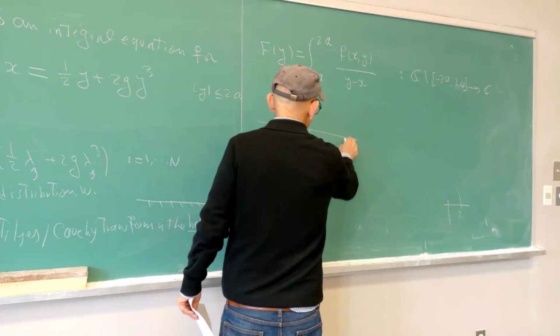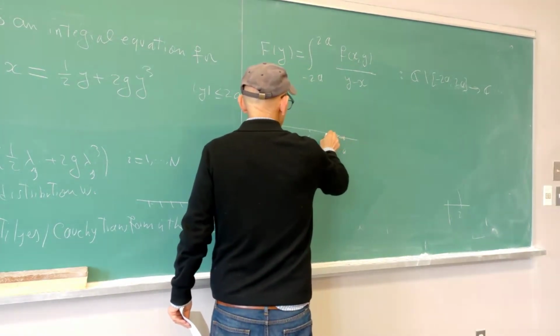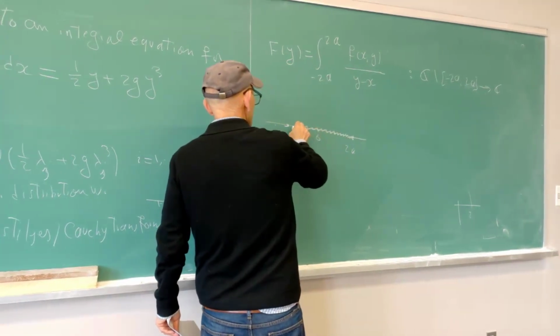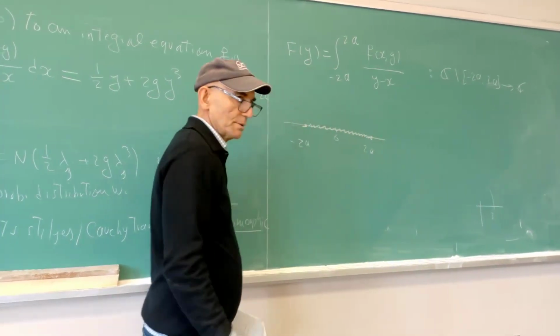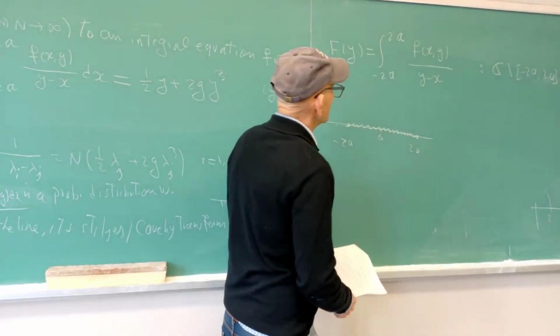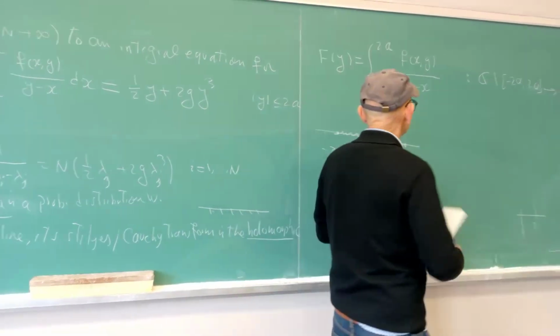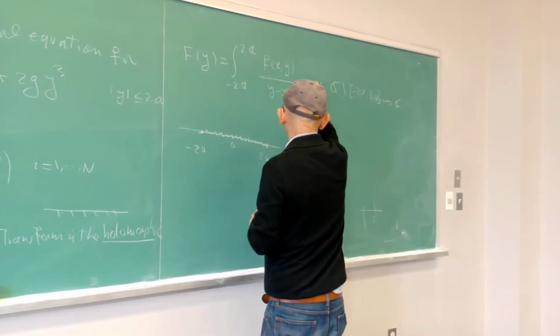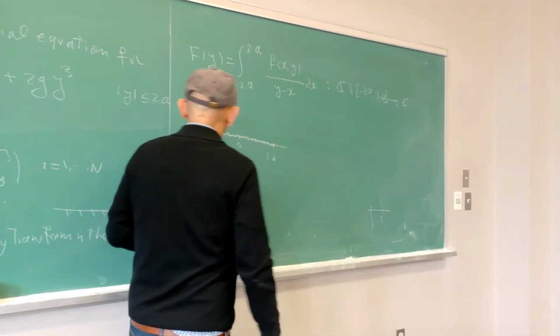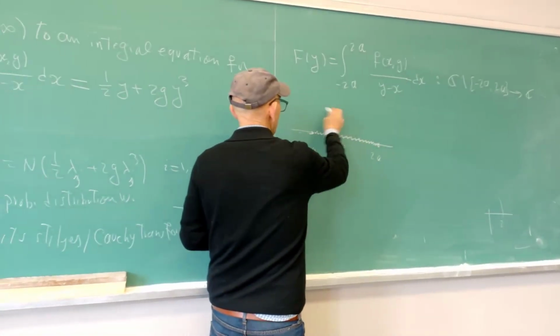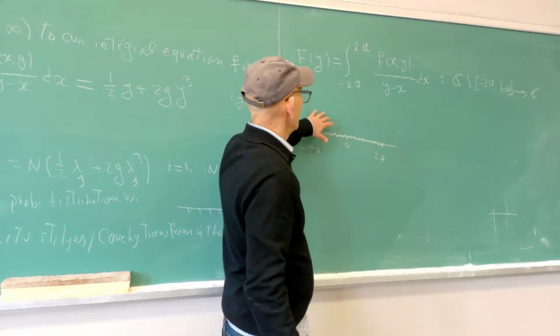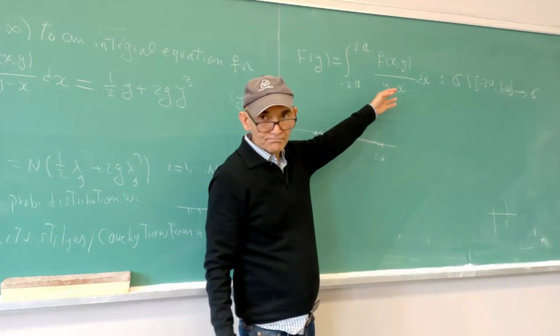Negative 2a, 2a. So we just excise this from the plane, from the complex plane, just throw it away. And then the rest, with the x, is an absolutely well-defined function.